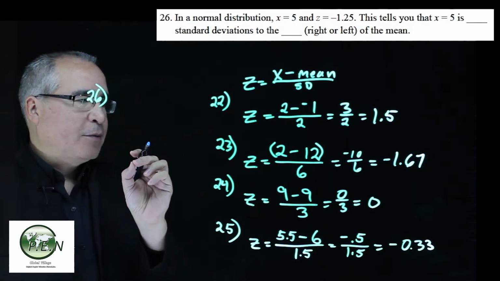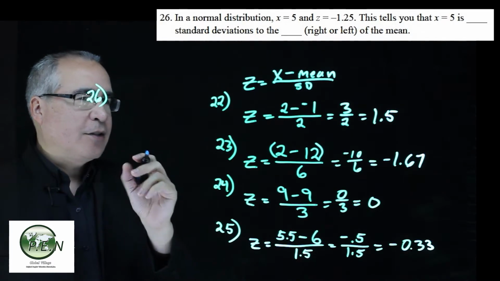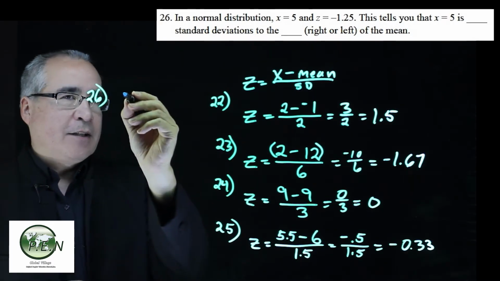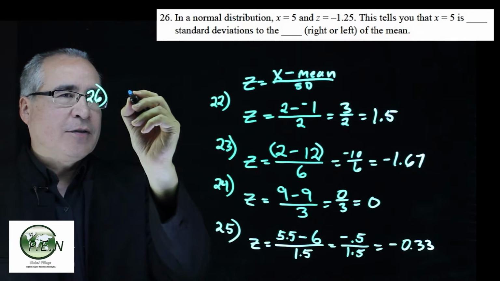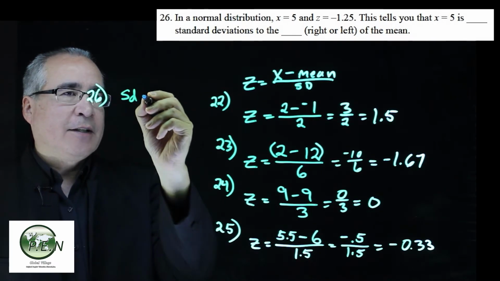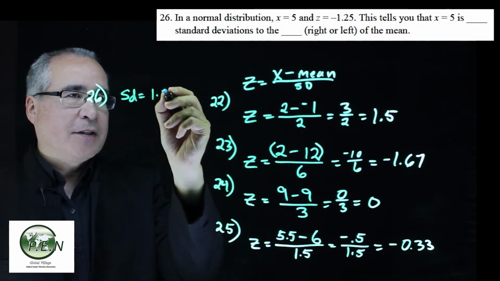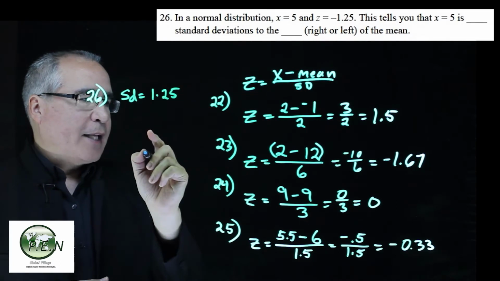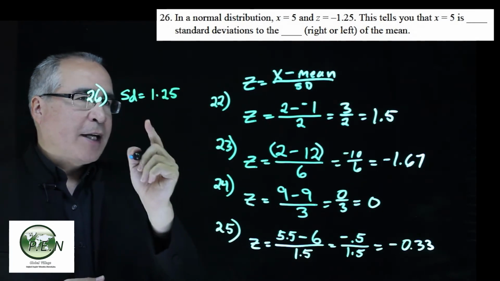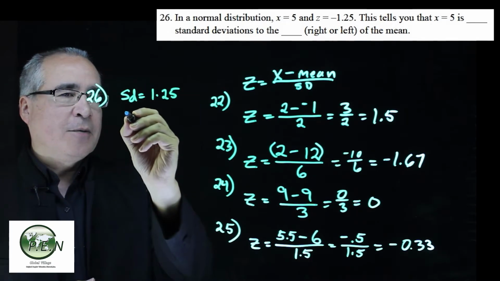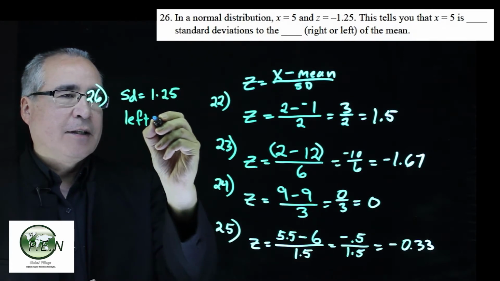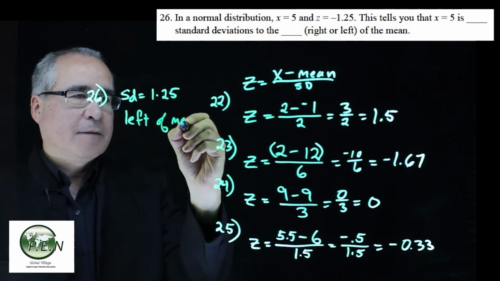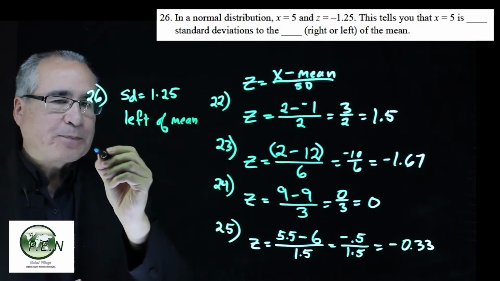It tells us that x equals 5 is how many standard deviations. It's 1.25 because a z-score is standard deviations. And is it going to be to the left or the right? Well, since it's negative, we know we are to the left of the mean. Okay.